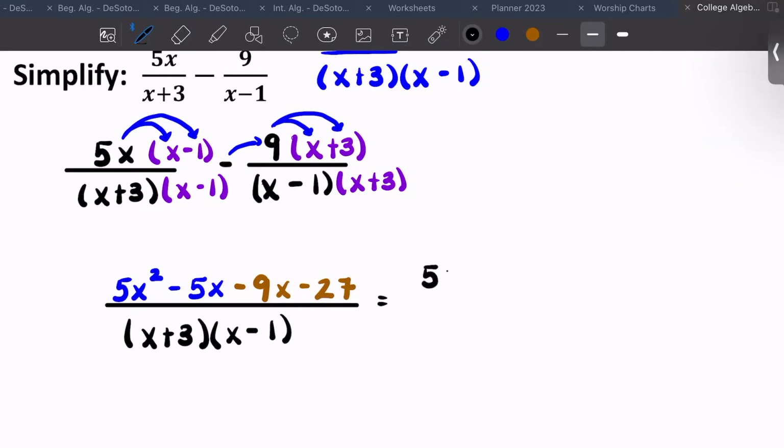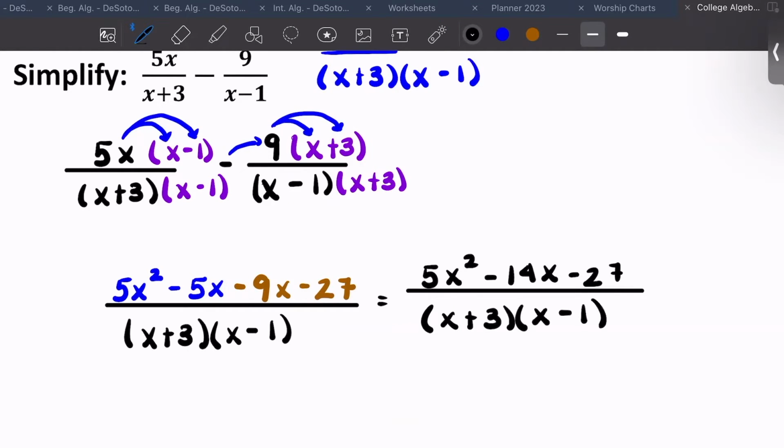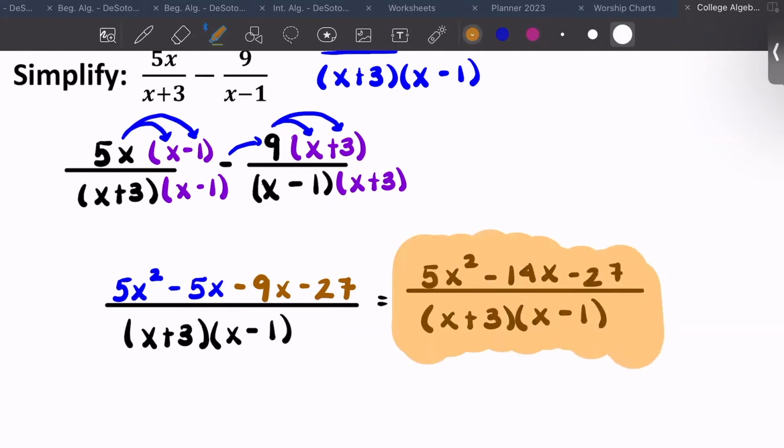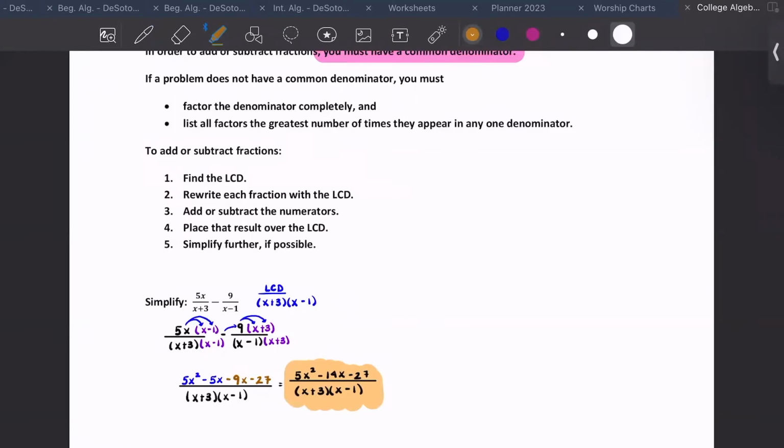We have 5x squared minus 14x minus 27 all over x plus 3, x minus 1. Okay. And we're going to stop there on this one. Okay, so we found the least common denominator. That's really what I wanted to show in this one.